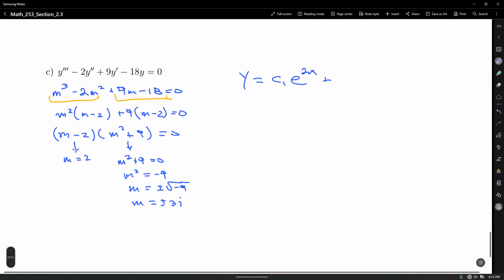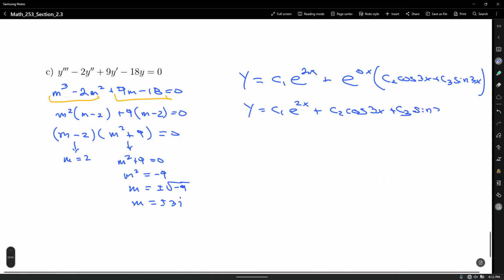Well, actually, let me do the e to the alpha, e to the 0x, times c2 cosine 3x plus c3 sine 3x. E to the 0x is just 1, an invisible 1. So that's c1 e to the 2x plus c2 cosine 3x plus c3 sine 3x. Final answer.